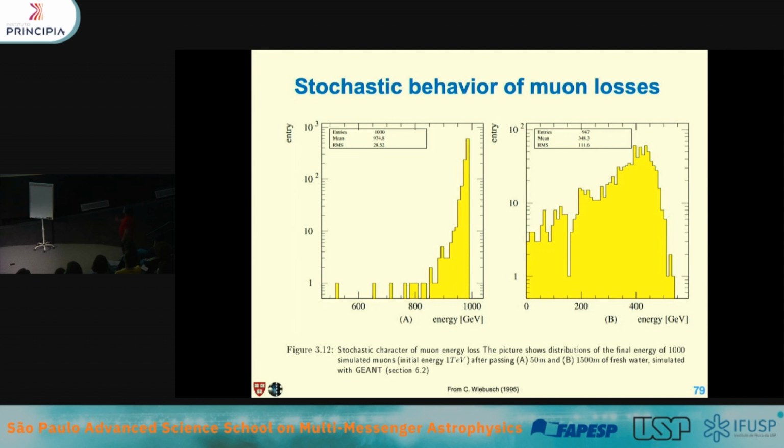But after a kilometer in water, in this case, it looks like this. This is the same initial muon, but it's losing energy in a different way in each of these attempts. That means I cannot rely on the final energy loss to figure out the muon energy, because it's a very stochastic process. Is this slide clear for everybody? Okay.